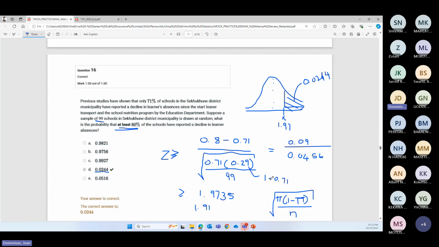So the 1 minus 0.71 will give you the 0.29. So it is that component that we're working out. Okay, so that is for 0.29.